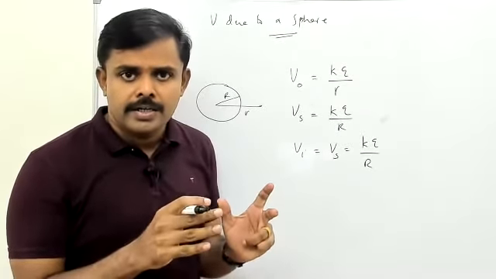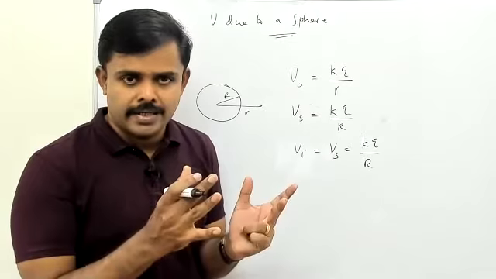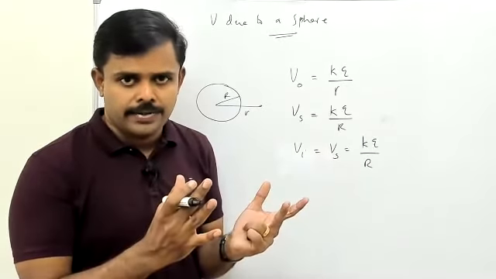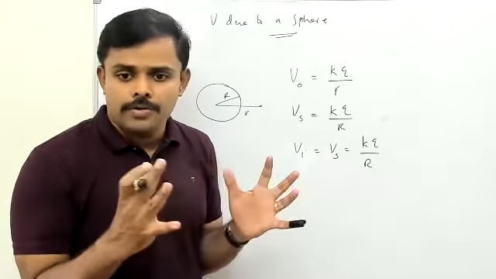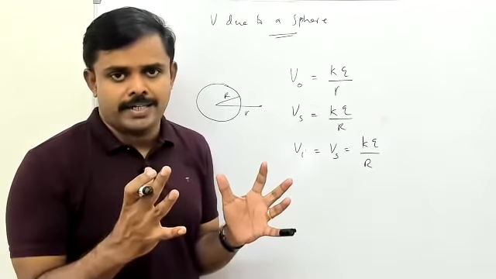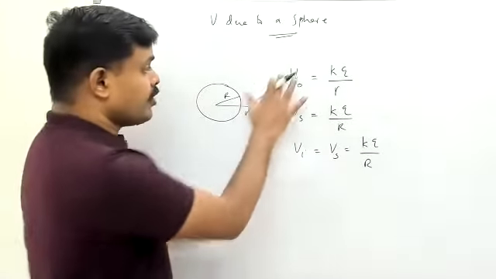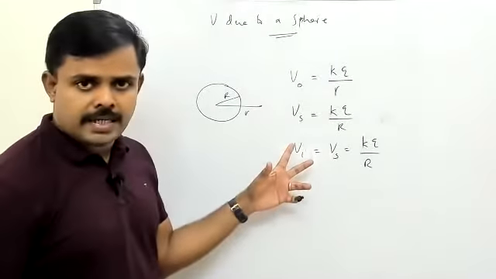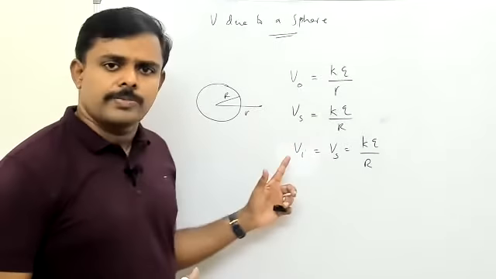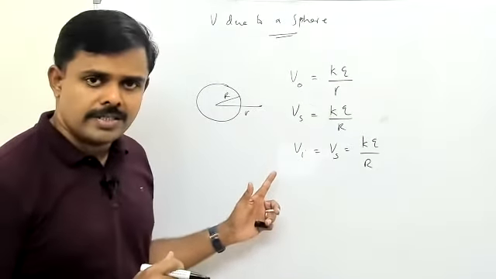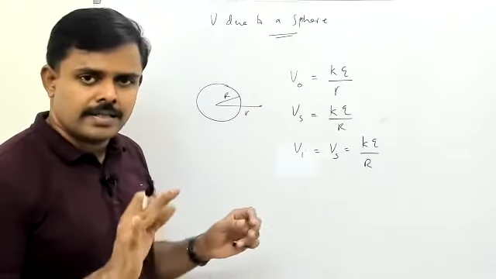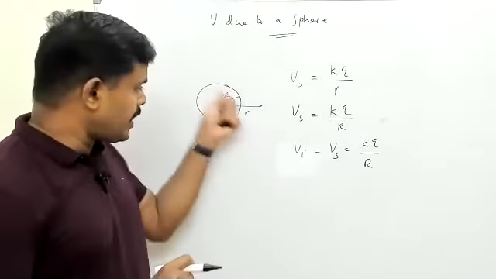Shell is hollow inside, like a football. Solid sphere means it's full of matter. Anyway, for a sphere, the derivation is not there in your syllabus. Even this is not explicitly given, like I said, but you will have questions, numericals. I'll tell you which all questions. You don't have to learn anything else. Trust me on that.